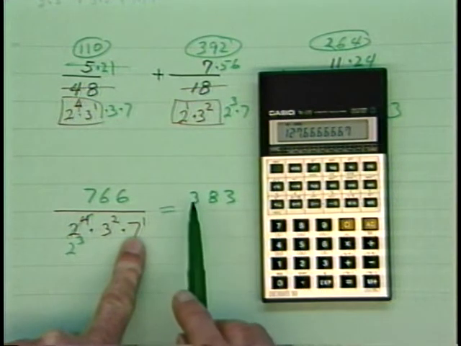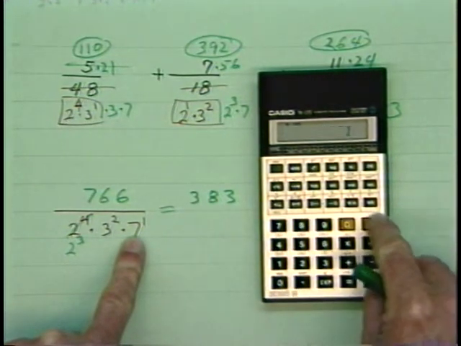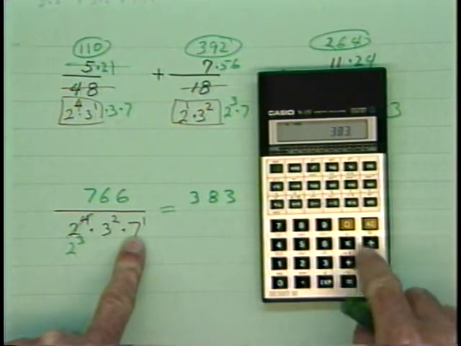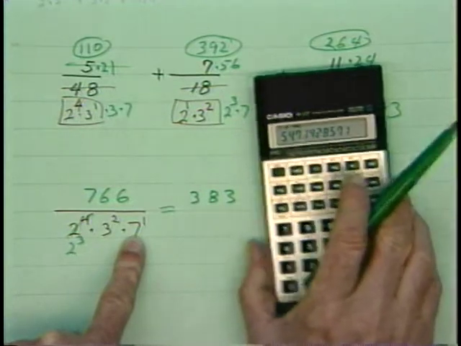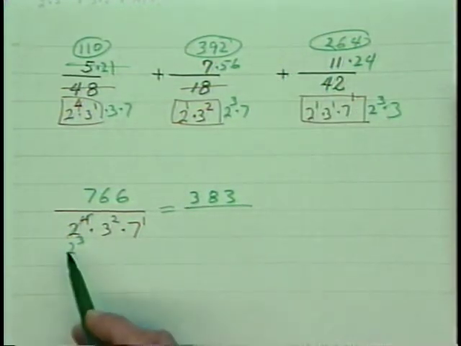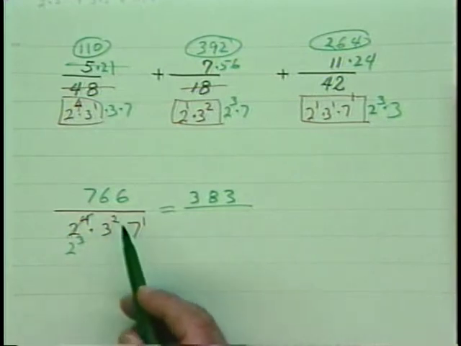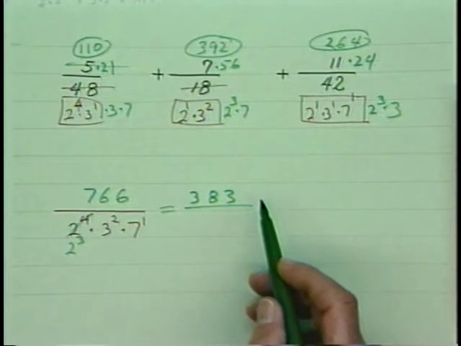So then I try 7. 383 divided by 7, I get a decimal, so 7 won't go in. So I know that my denominator is 2 cubed times 3 squared times 7, and furthermore this will be reduced before I even get it.